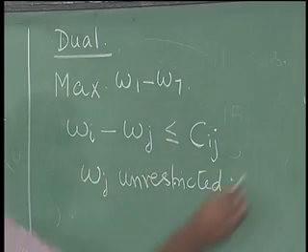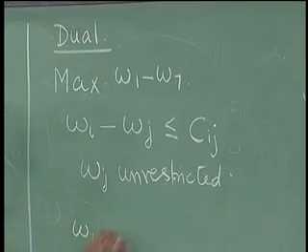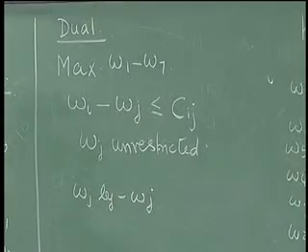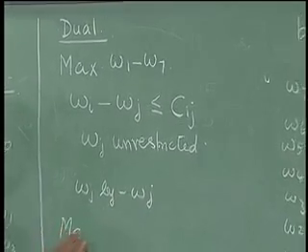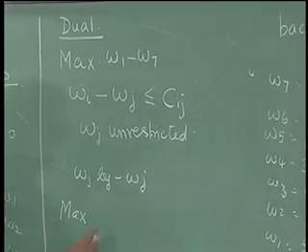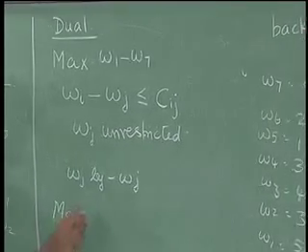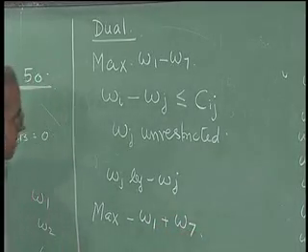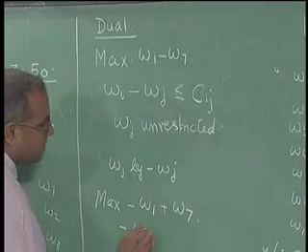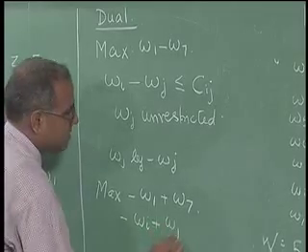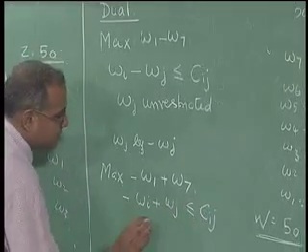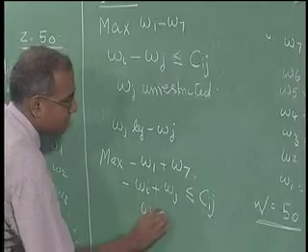Because Wj is unrestricted, I can always replace Wj by minus Wj, and therefore we will write this as maximize minus W1 plus W7 subject to minus Wi plus Wj still less than or equal to Cij, and Wj unrestricted.